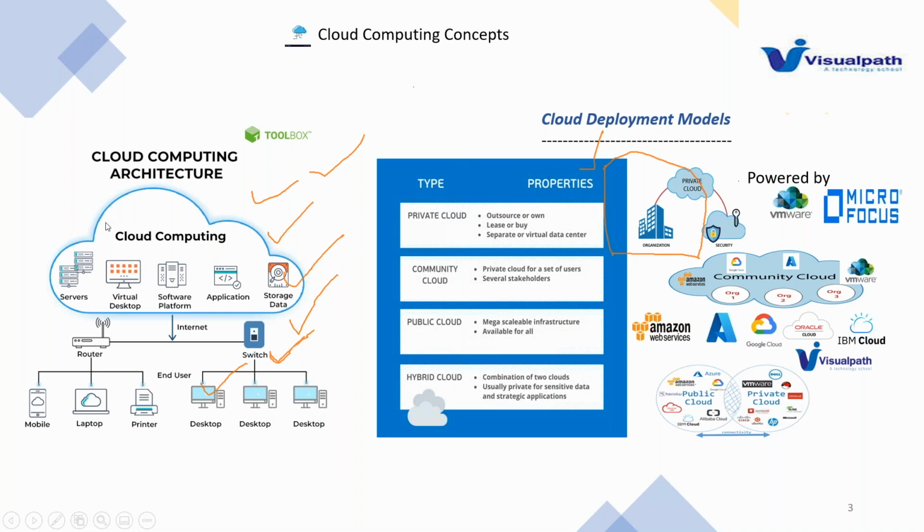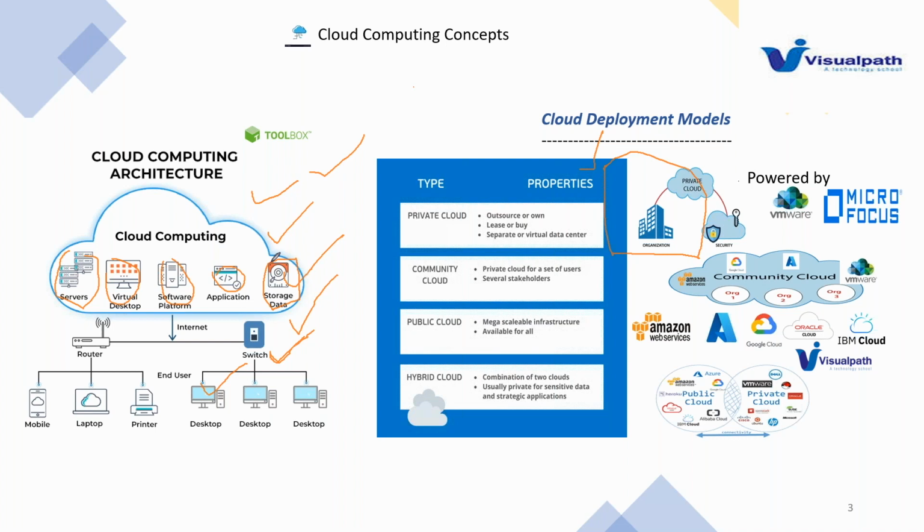Yes, this is the cloud computing architecture. Some data centers have servers, virtual desktops, and platform and software platforms, and applications are deployed on the data centers. Who is managing those data centers?